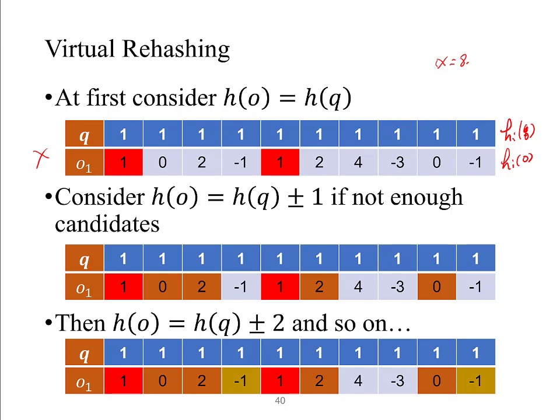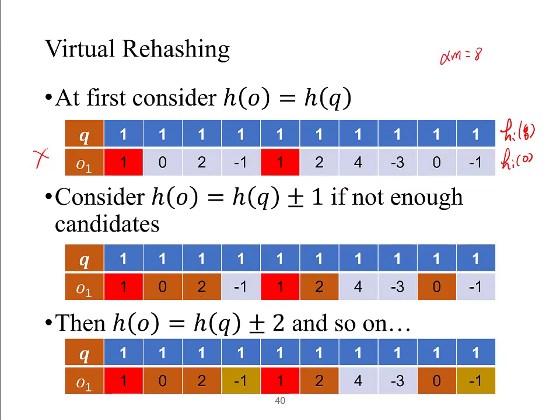In this case, this one is included because the difference is 1, and the third one as well, also the sixth one and the ninth one. So then we have the collision number is 6. Let's say alpha m is equal to 8, which means that there are still not enough collisions.